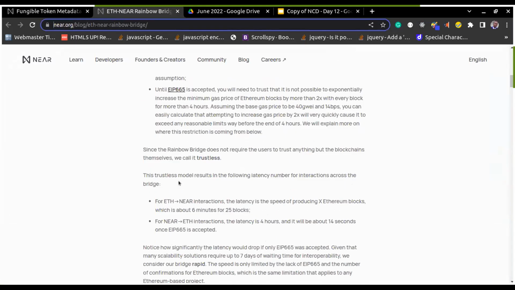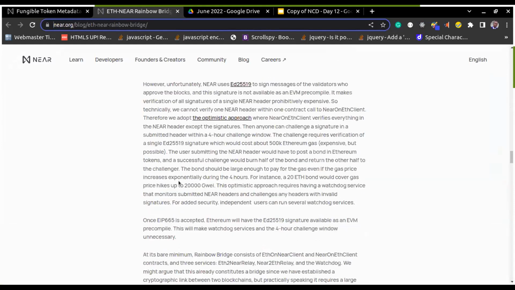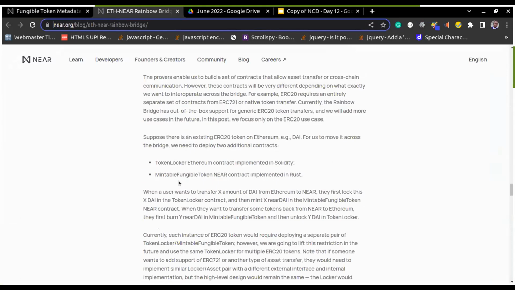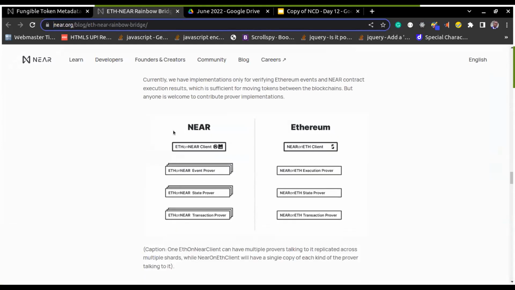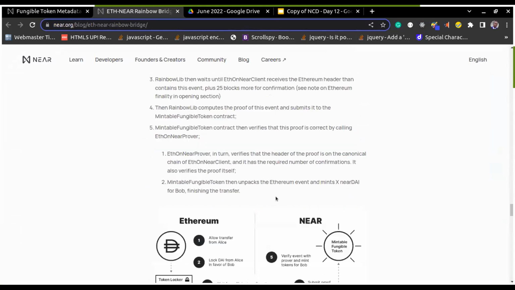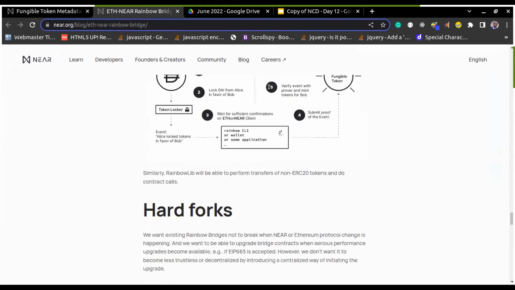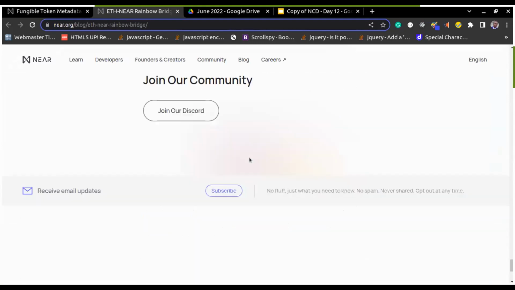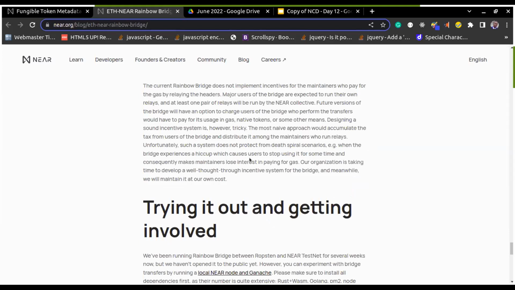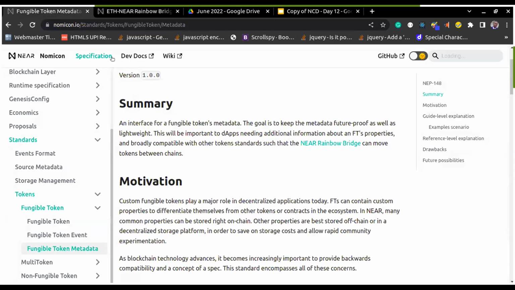So you can basically read through this and see how you can design such an application. Apparently, you can make some transactions between NEAR and Ethereum, as you can see over there. And I believe they're also working on this to extend it to other blockchains.